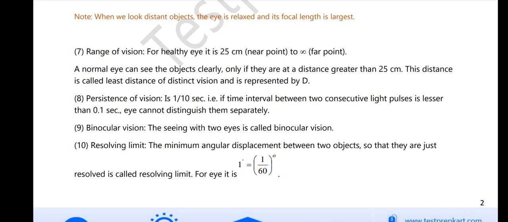It is 1 minute, which is equal to 1 by 60 degree.